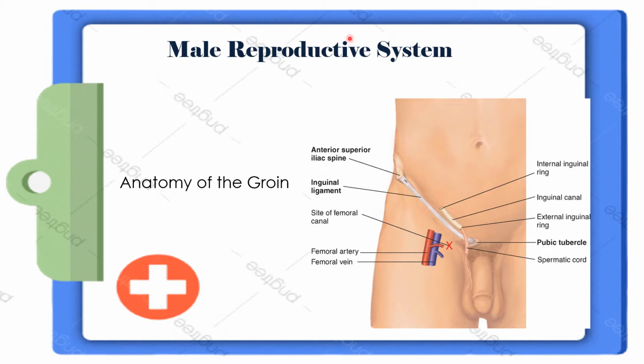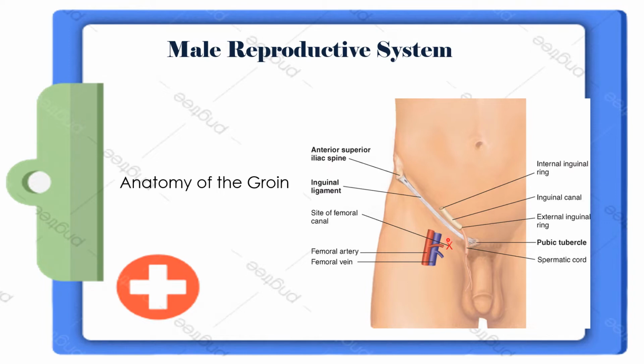The external opening of the tunnel, the external inguinal ring, is a triangular slit-like structure palpable just above and lateral to the pubic tubercle. The internal opening of the canal, or the internal inguinal ring, is approximately 1 cm above the midpoint of the inguinal ligament.